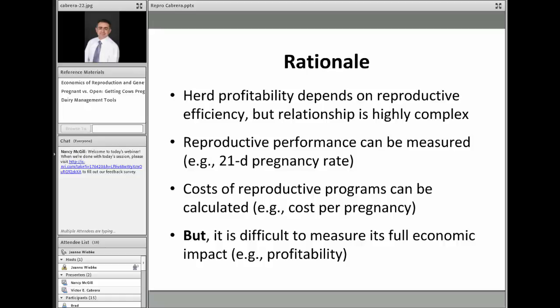Nowadays there are several software platforms and several ways in which basically every farm could have that 21-day preg rate measured.